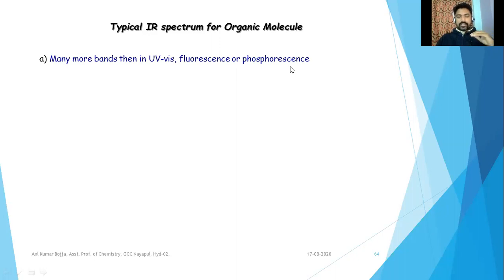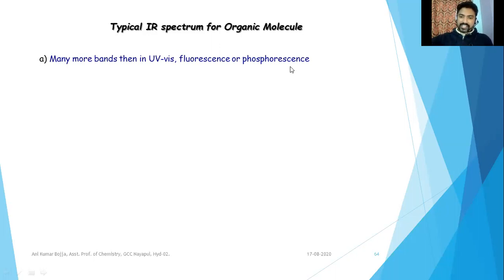So the molecule present at the ground state singlet energy level S0 undergoes activation to the first singlet excited state or second singlet excited state. From there it undergoes intersystem crossing and deactivates to the triplet excited state, or it transforms from the singlet excited state to the triplet excited state.